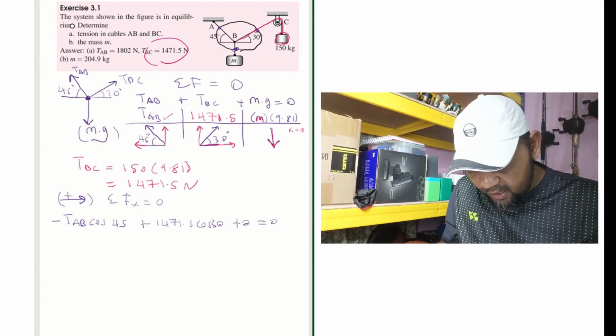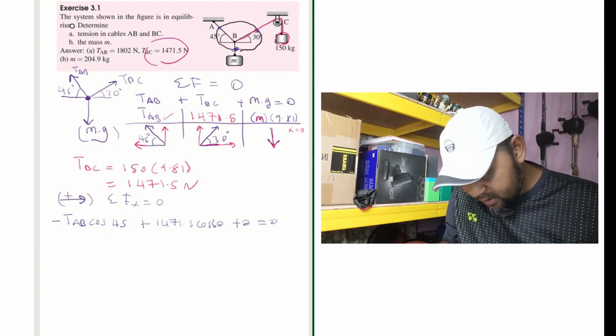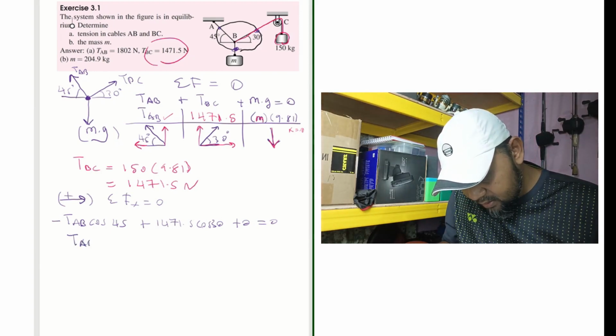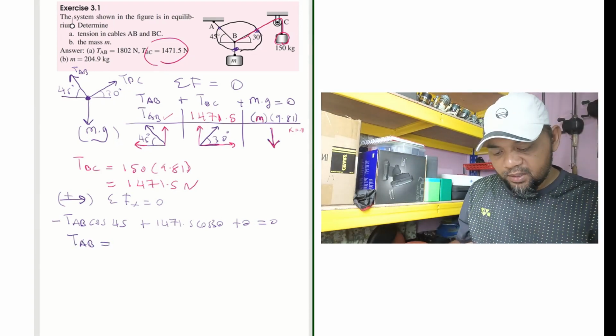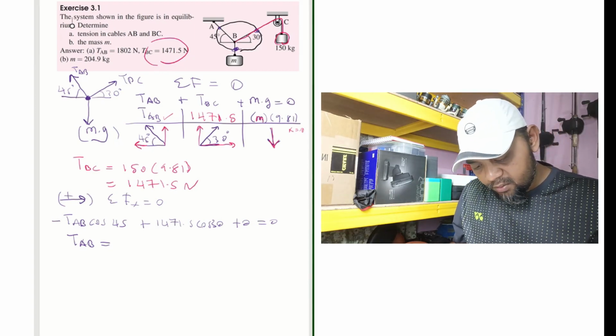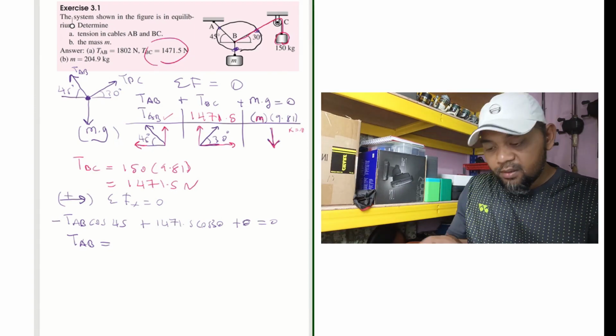So from here, you can have directly the value of TAB. Put the TAB the other way, so you have a positive value.